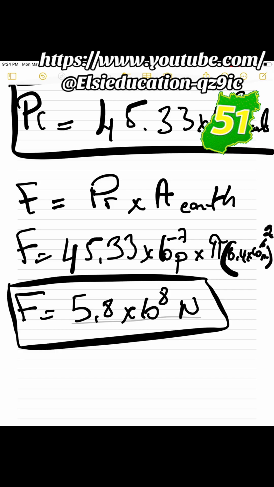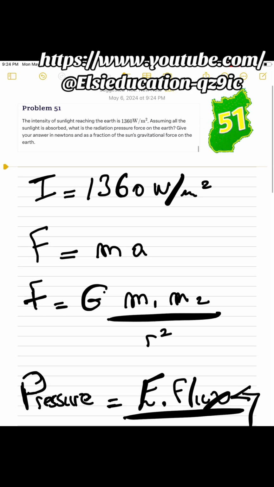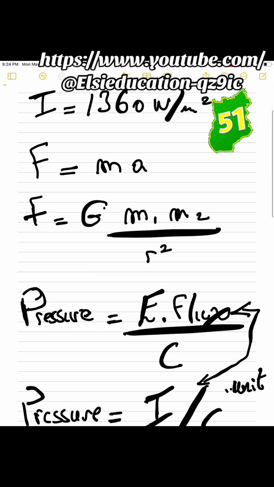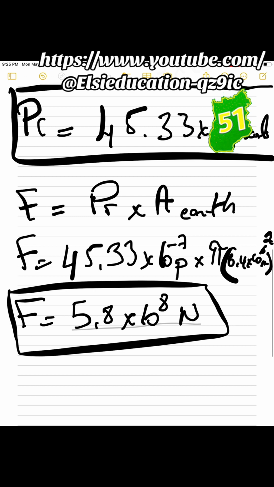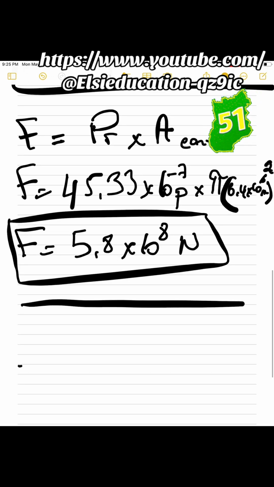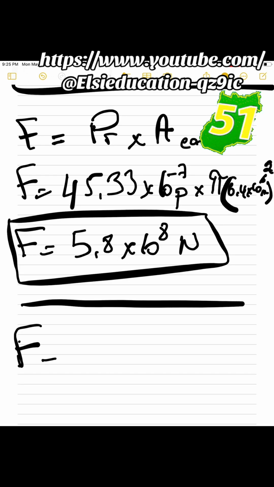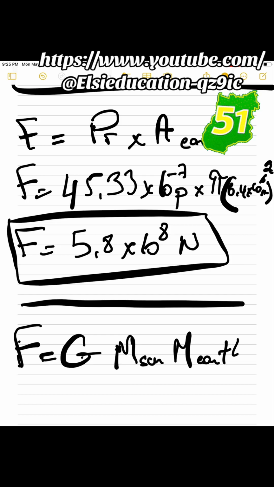Okay, and if they want the fraction of forces between the sun gravitation force on Earth, we can use that force is equal to gravitation multiplied by the mass of the sun, mass of Earth, divided by the distance squared.